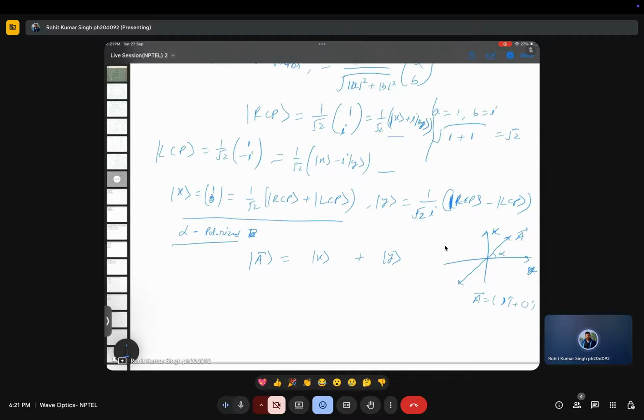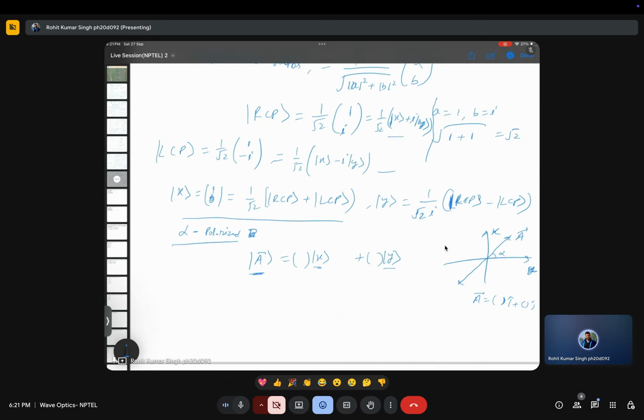So instead of i and j, you have ket x and ket y. Now what will be the amplitude components? And this A is a normalized wave, so it has unit length 1.